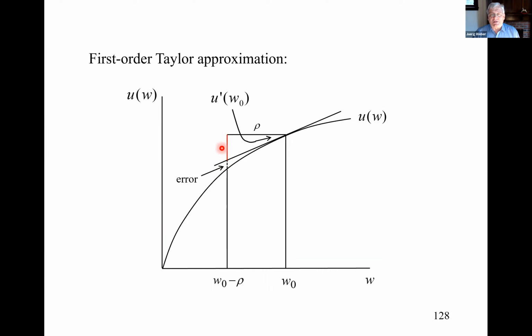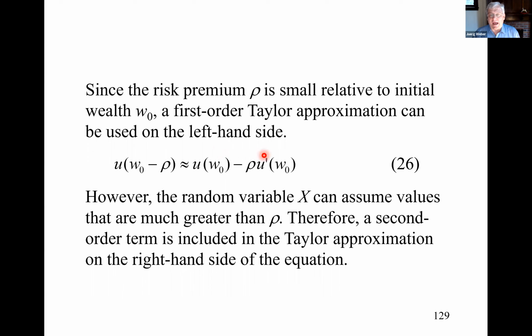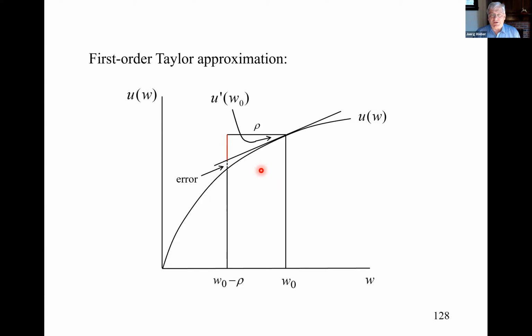And this red line is just rho times u prime. Because if you divide the red line by rho, you get the tangent, the first derivative. And so you can multiply the first derivative times rho and you get the red line.